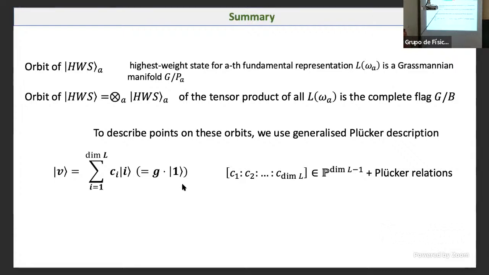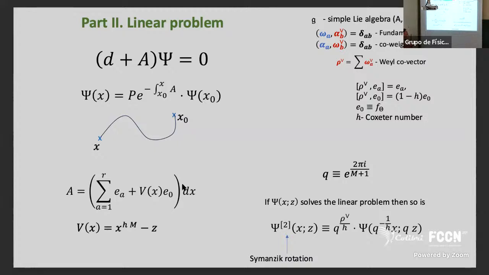If we take the tensor product of all possible fundamental highest weights, then the stability group is Borel, and so the orbit is the maximal flag, G quotient B. And we use this homogeneous coordinate description of the spaces, and use Plücker relations or generalizations of them to fix these internal orbits. This is how we describe the spaces. Let us discuss how it's related to the linear problem.